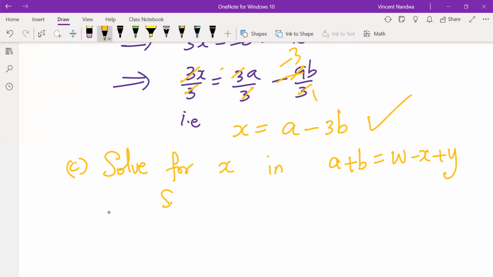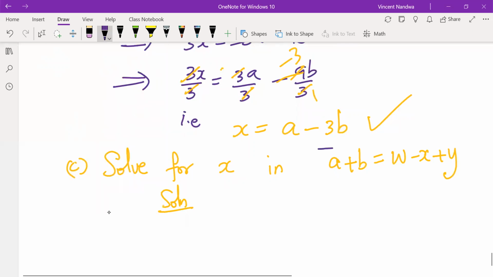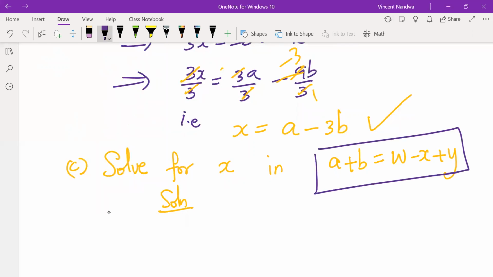This means that from this given relationship, we can take x to the left-hand side, now to be positive, and everything on the left-hand side, take it to the right-hand side. So that will be the formula for the value of x.